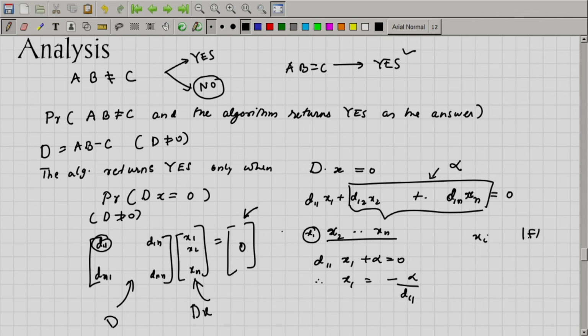Even if the field was of size 2, the probability of error is no more than half, because the probability of error is going to be less than 1 by the size of the field. So, we know that the probability that the algorithm makes a mistake is no more than half.